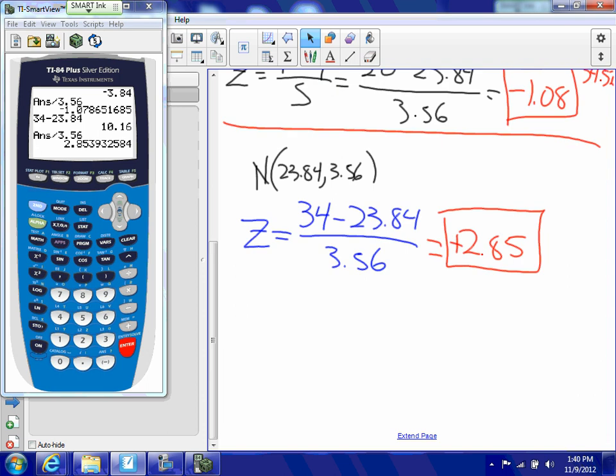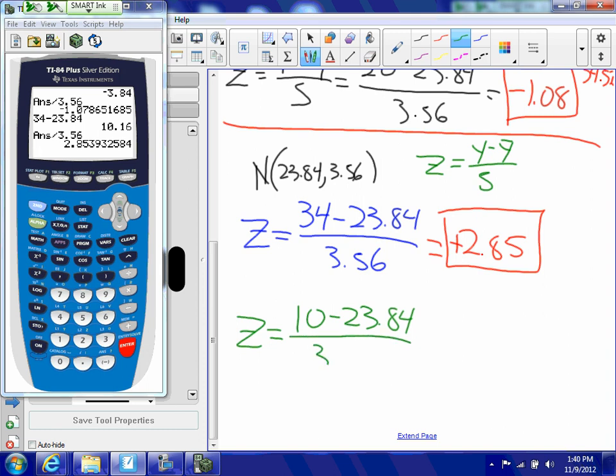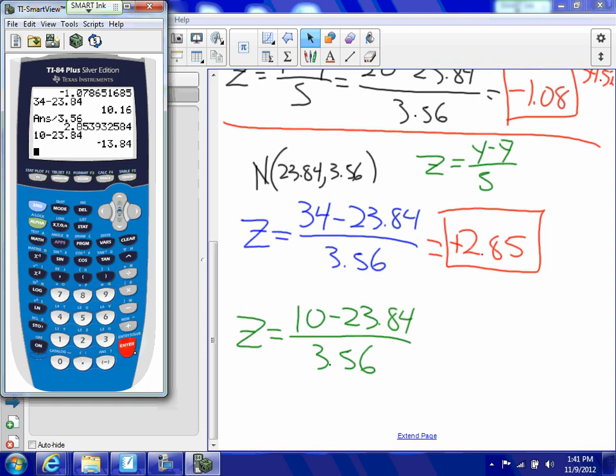What about a car going 10 miles an hour? Well, z equals 10 minus 23.84. Again, z is equal to y minus y bar over s, so all this is over 3.56. Let's go over to our calculator. I have 10 minus 23.84 divided by 3.56.